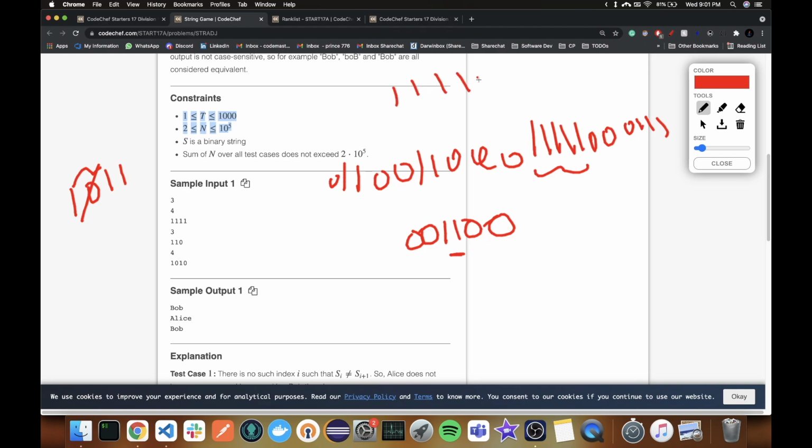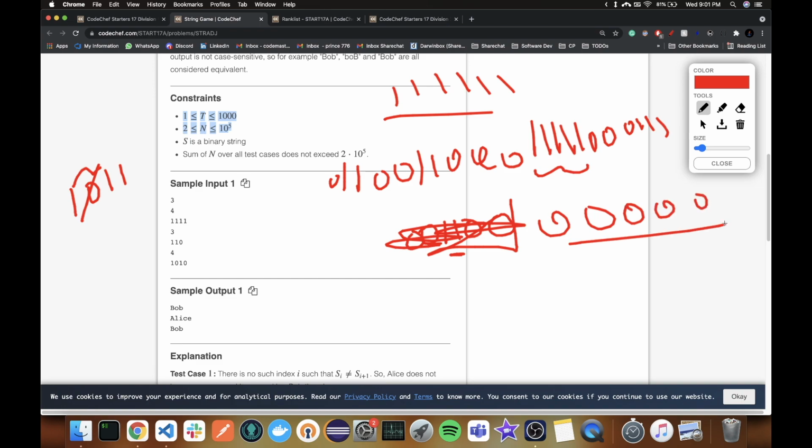The final state would be something like this, either something like this or something like this. Wait, oh right.